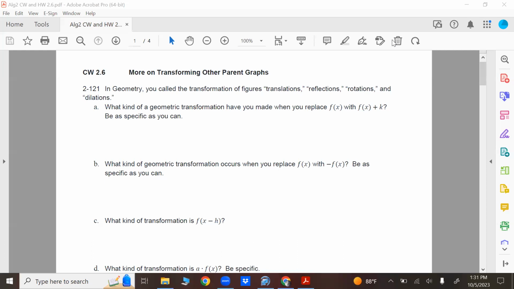Okay. So, in geometry, you call the transformation figures translations, reflections, rotations, dilations. So, this is stuff you guys have done already. Just so you know, translations means this: going left or right or up / down. A dilation is when you stretch or compress.